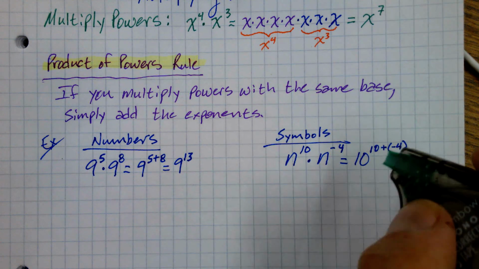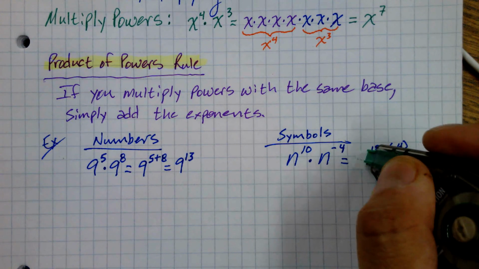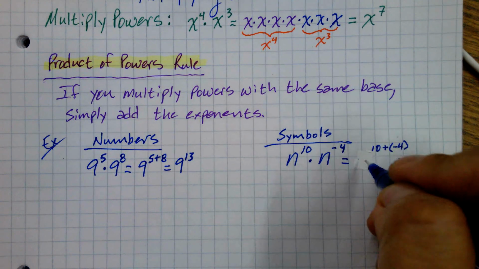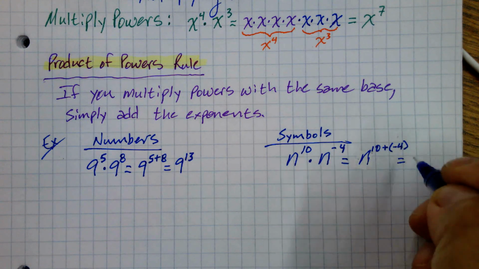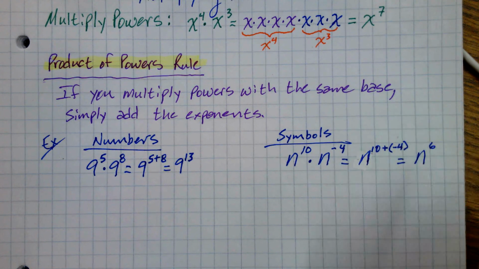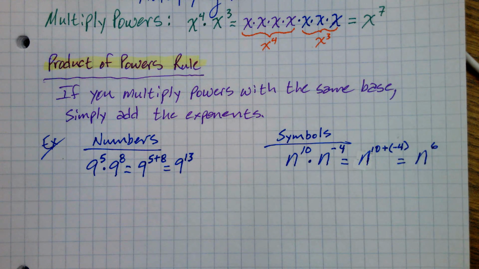So it's n to the 6th. Okay. So that's the main rule, and we're just going to use it over and over again today.